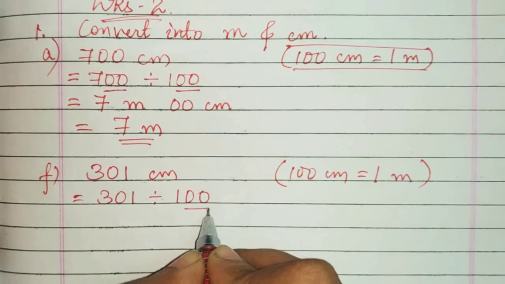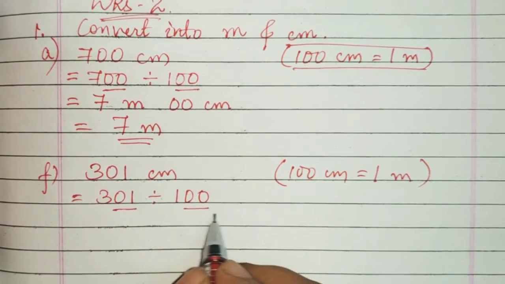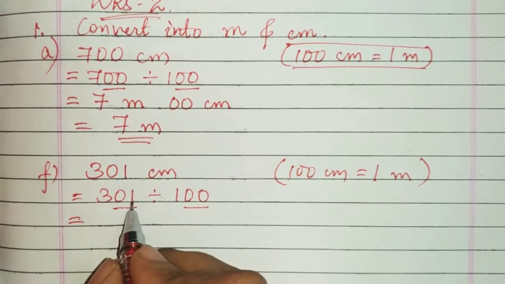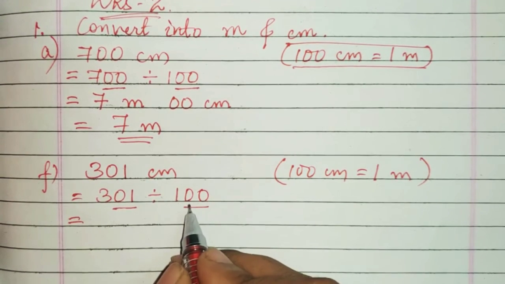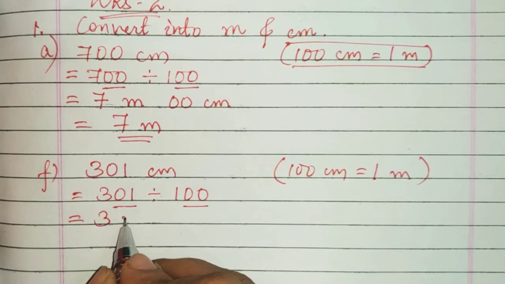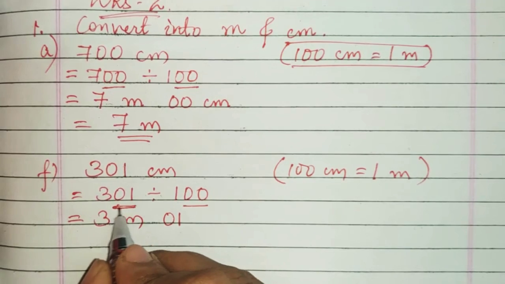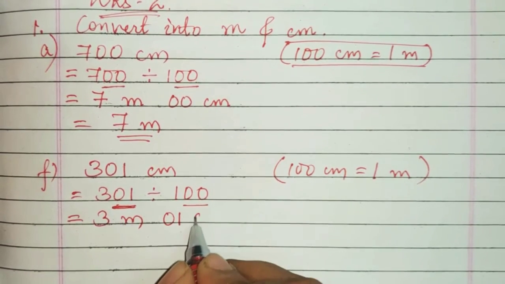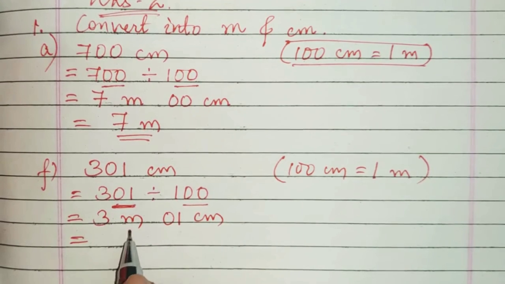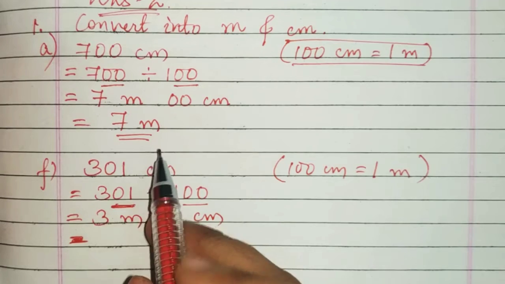Again, underline these two zeros. Underline here two places. From the right hand side, ones place and tens place. Here ones place and tens place. So this 3 is coming down, that is meter, and this 01, which one you have underlined, that one will come here to centimeter.